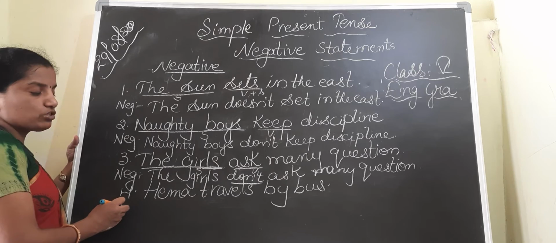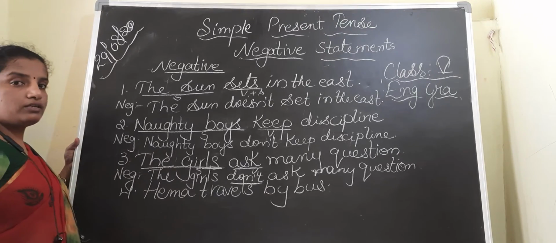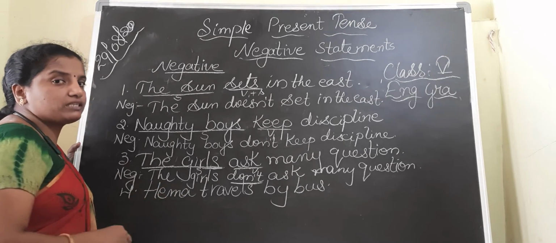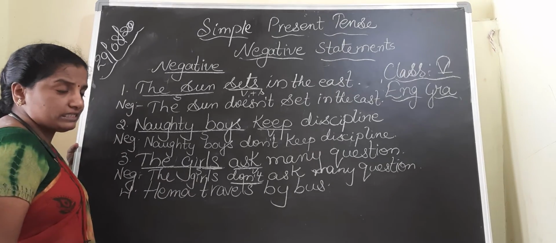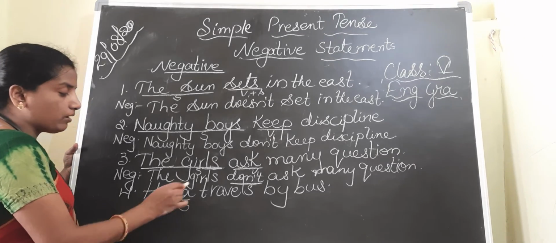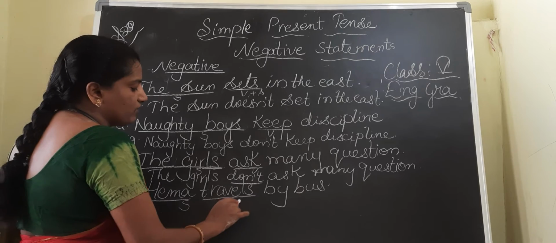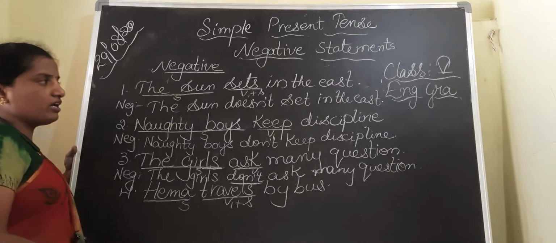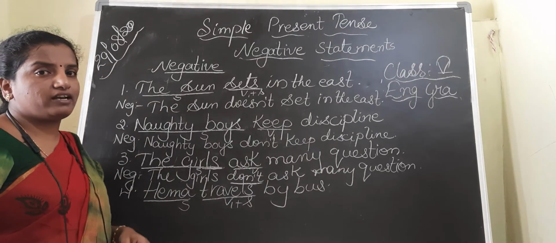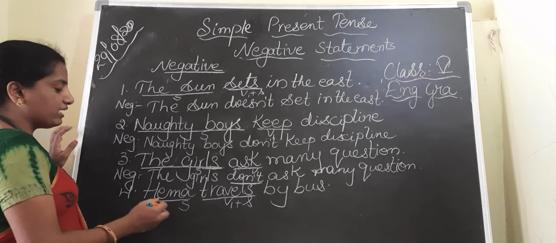Coming to the last one. Hema travels by bus. What is the subject of the sentence? Who is the doer? About whom are we discussing? We are talking here about Hema. So Hema is the subject of the sentence. Travels, V1 with s. So whenever we are getting V1 with s, children, to write the negative form, we have to add does not.